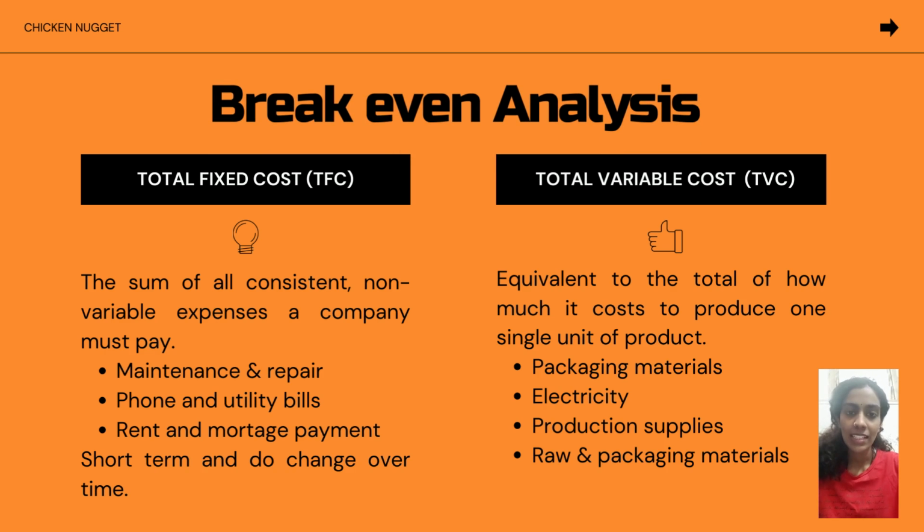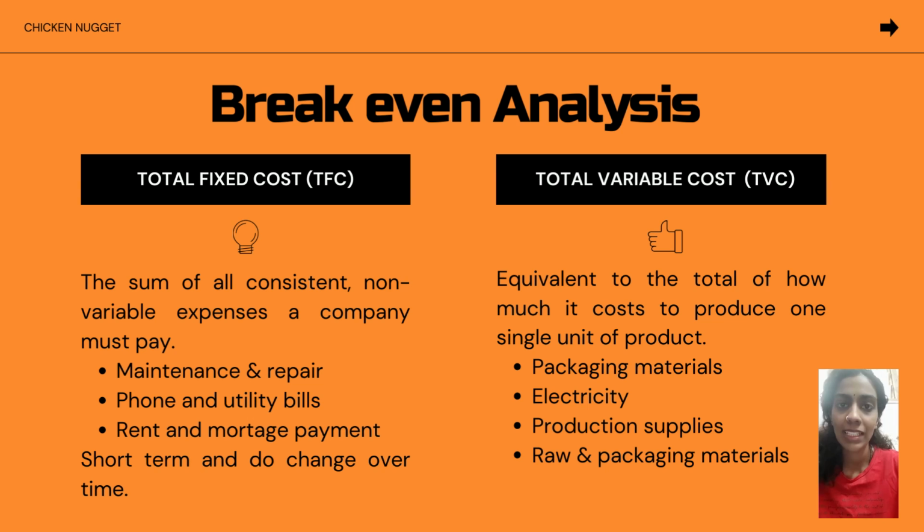In this slide we can see there are two things under break-even analysis, which are total fixed cost, which is TFC, and total variable cost, which is TVC. So total fixed cost is the sum of all consistent, non-variable expenses a company must pay.